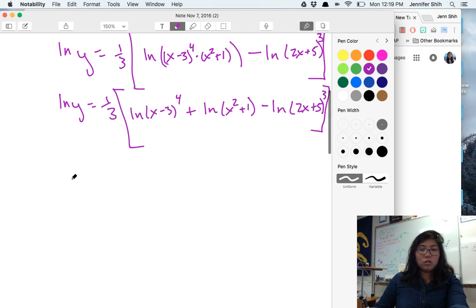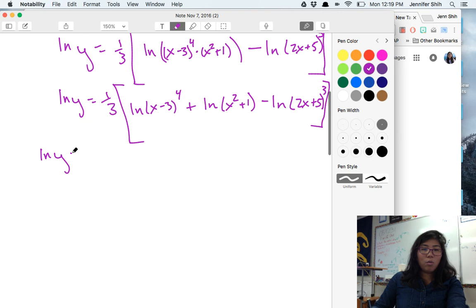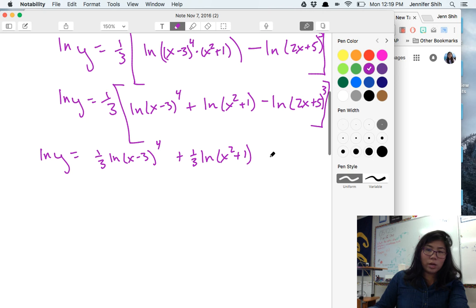Okay, so I'm going to scroll down. ln of y is equal to 1/3 ln. I'm not skipping any steps here, even though there are plenty of times where you can combine steps. I'm just not going to do that right here because I want you to see all my steps. Oh, I wrote that wrong.